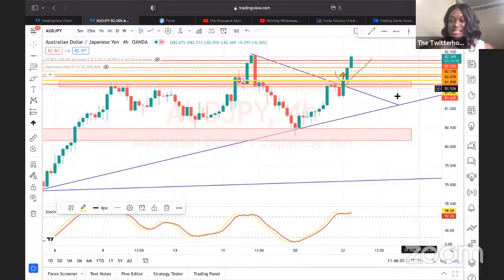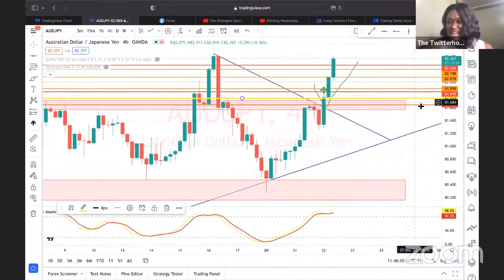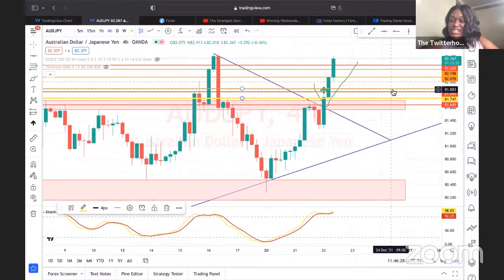So the price that I was supposed to stay above is 81.9. Right here. Oh yeah, I put the line here. So I said that price is going to finish above this line by 3 o'clock this evening.